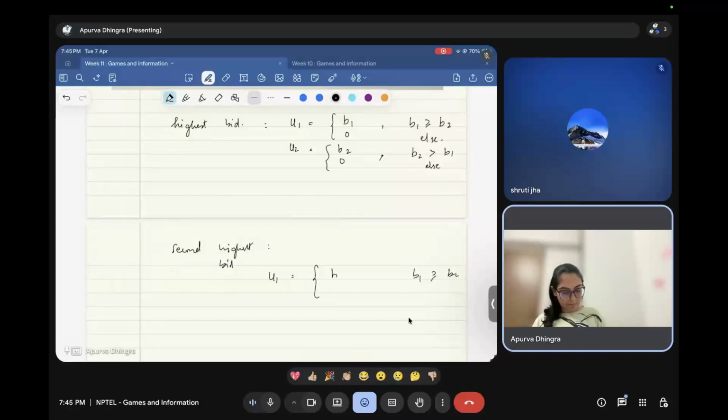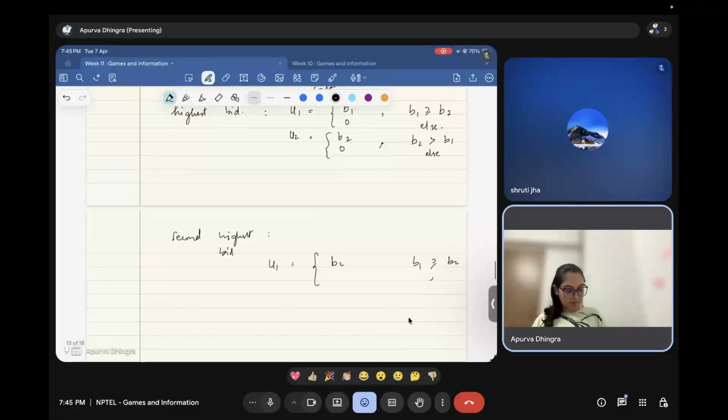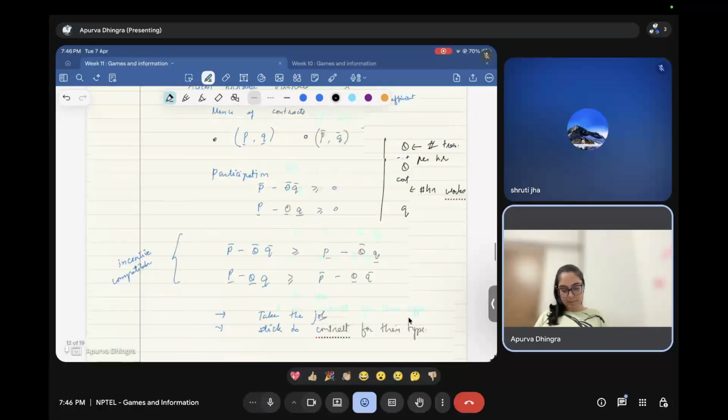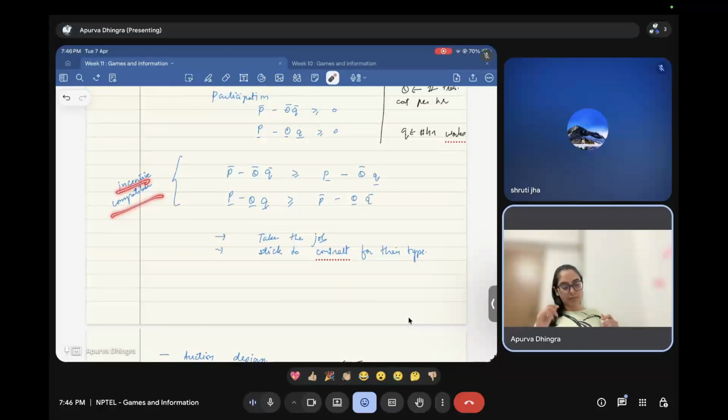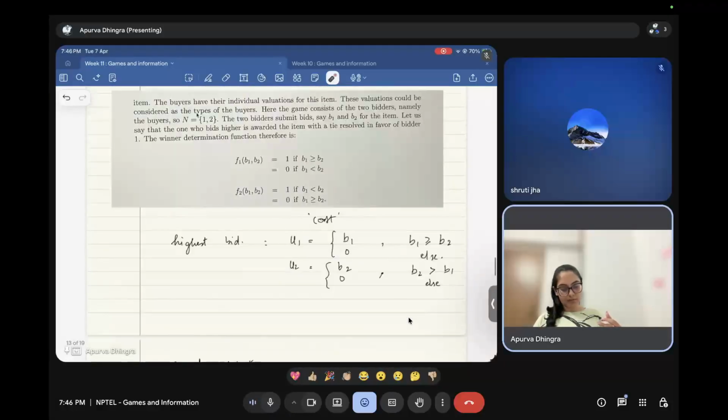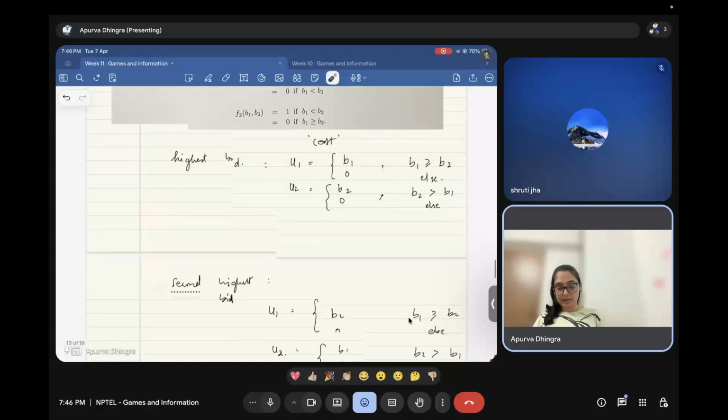So here he would pay b2. b2 is lower and he's paying lower than that. Here b1 is lower and he's paying accordingly. This is what second highest bid means. So now you can try writing out what incentive compatibility would mean in this case, and hence see if you can argue the statement here that this one is incentive compatible and this one is not.